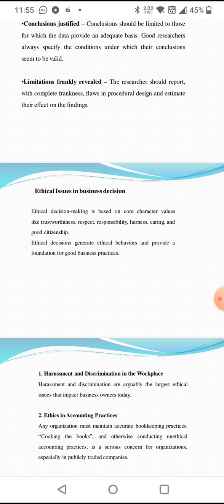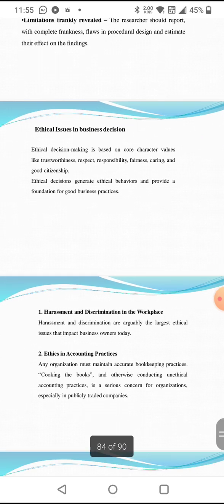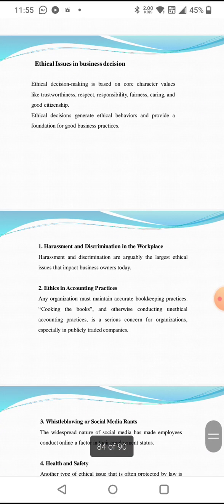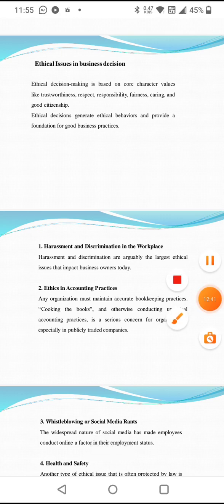So, ethical decisions generate ethical behaviors and provide a foundation for good business practices, which includes the following points: harassment and discrimination in the workplace. Harassment and discrimination are arguably the largest ethical issues that impact business owners today. So, they have to make proper legal compliances for the same if it is happening in their workplace.